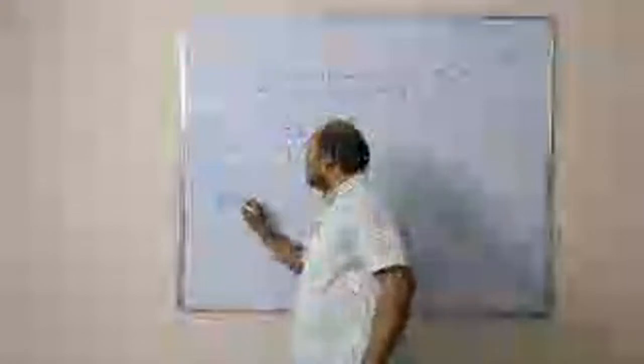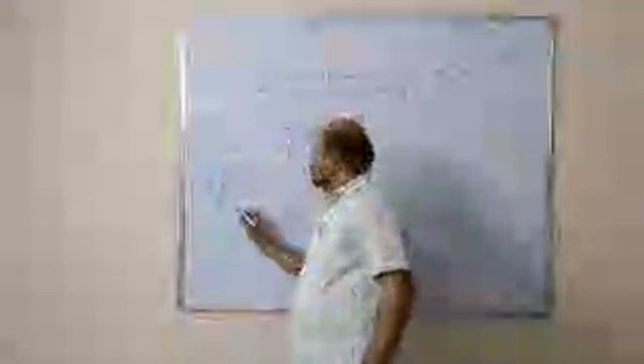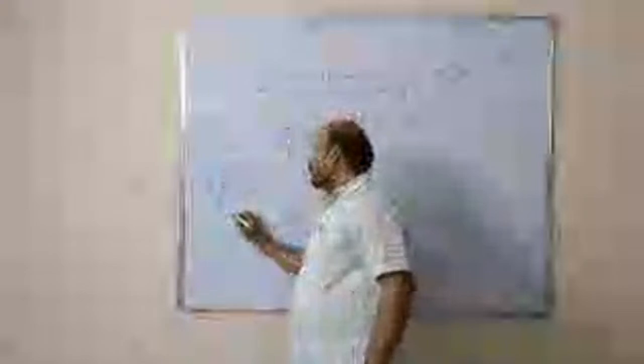So adding these two, 2 alpha equal to 120, alpha equal to 60. So whenever alpha is 60, substitute it in this and you will get beta is 30.